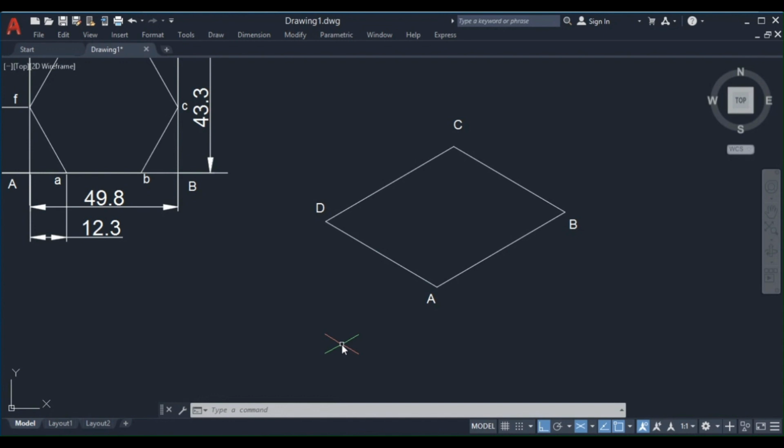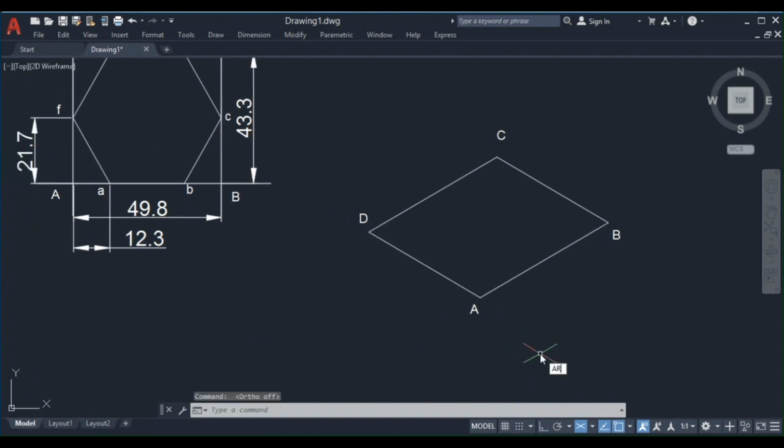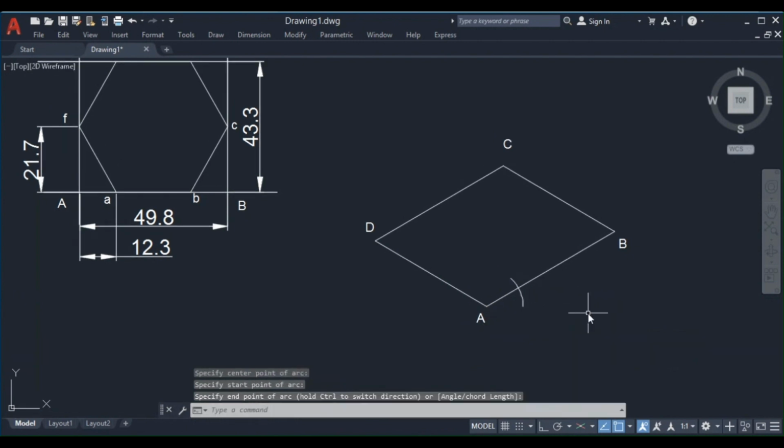So add 12.3 of the ortho. So from here it is 12.3. That corner is also 12.3.